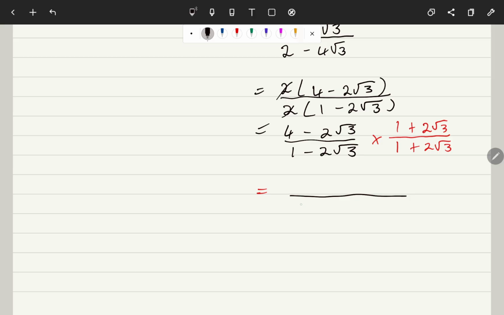Our denominator is just going to be 1 minus you have 4 multiplied by 3, right? Then our numerators, that's going to be 4, that's going to be plus 8 root 3, and then you're going to have minus 2 root 3, and then you will have minus 4 multiplied by root 3 squared, which will be just 3.